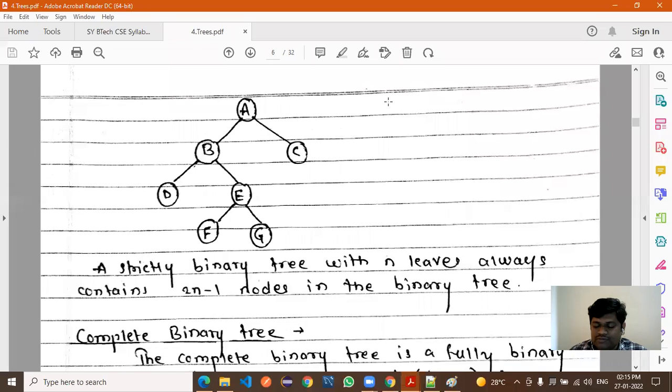What is the difference between the strict binary tree and complete binary tree?